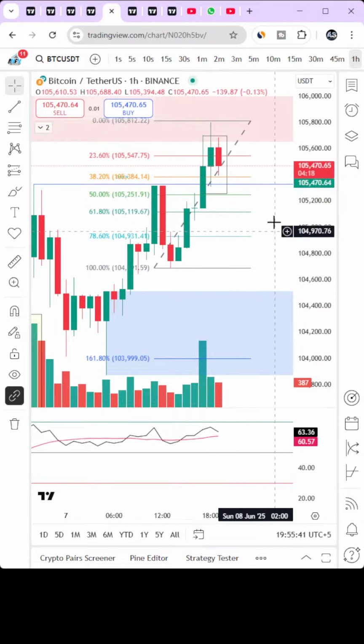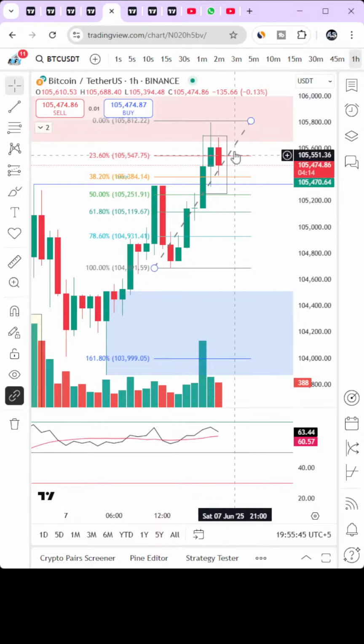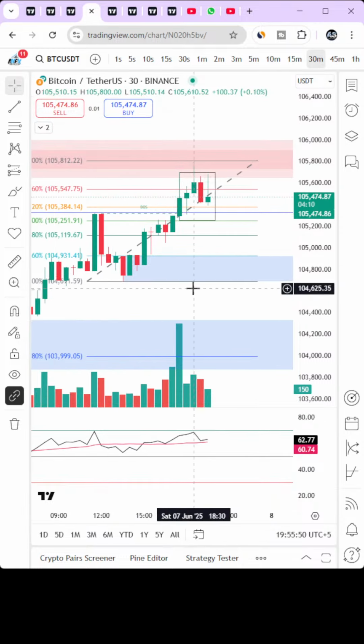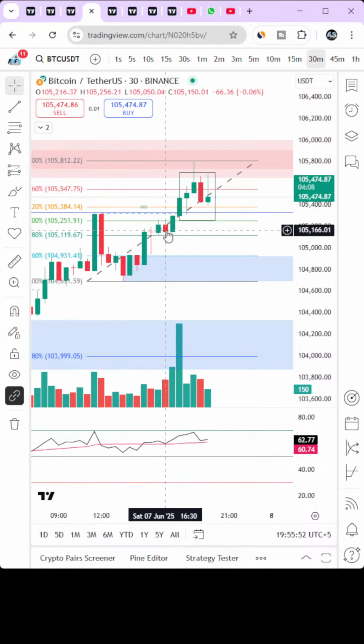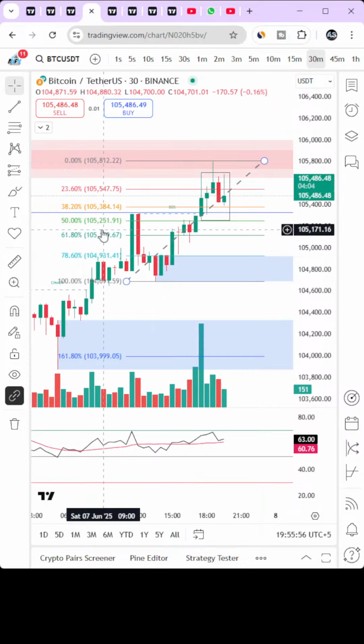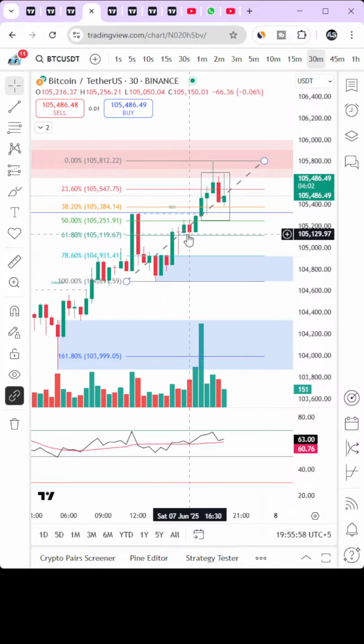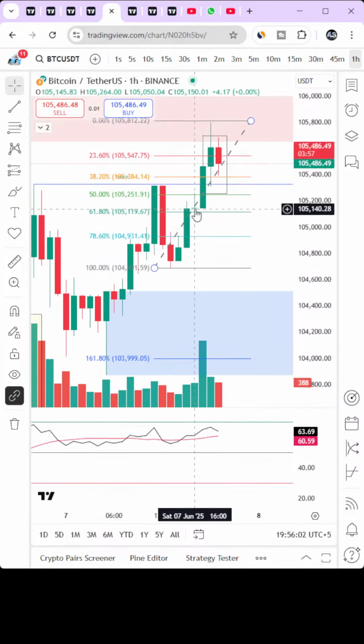Let me move to the 30 minutes time frame, as currently we are seeing the 1 hour time frame. Now you can see there was a red candle available at this point, at the 61% level, which was not showing in the 1 hour time frame. This is called a hidden order block.